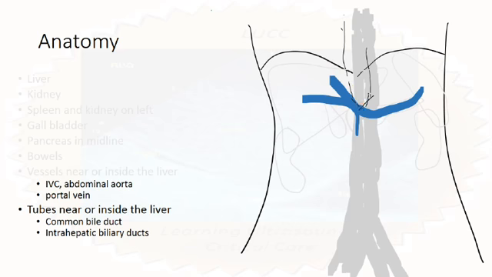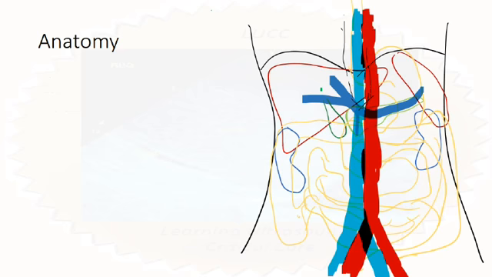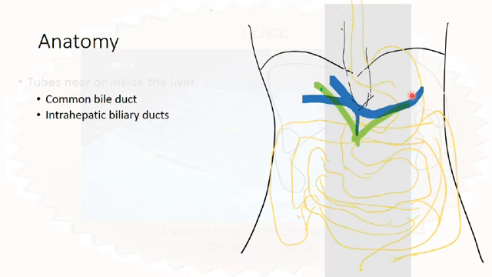Then you have the biliary system, which is formed by the common bile duct and the pancreatic duct, and they both open in the third part of the duodenum here. The intrahepatic bile ducts are the ones that join to form the common bile duct.